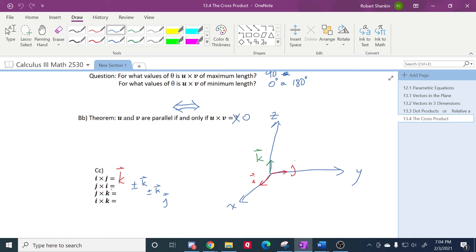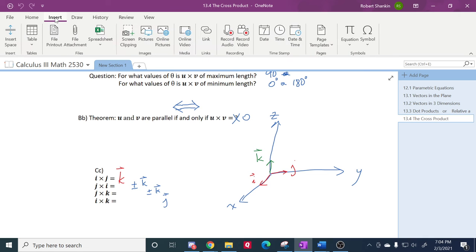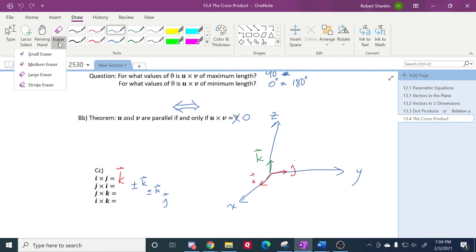And then I point straight down, so this is the minus K over here.